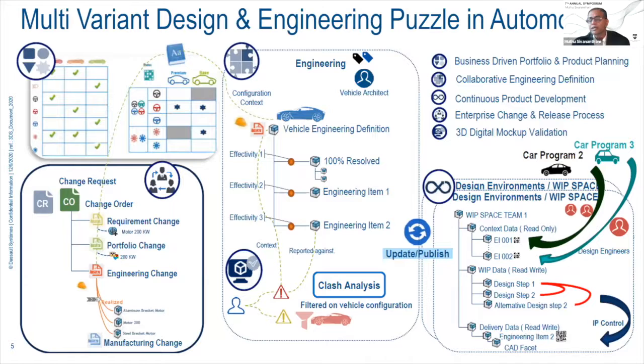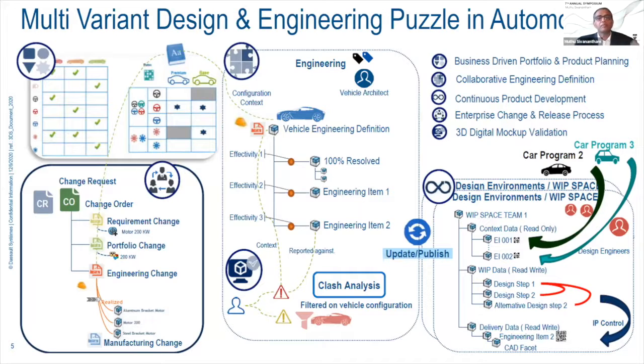Model-based system design is a term you hear a lot in the automotive as well as aerospace industries. What does it mean? You want to model what you want to create in 3D, in a common data structure, and you also want to model how you want to create it, the bill of process, or what we call the manufacturing bill of material.